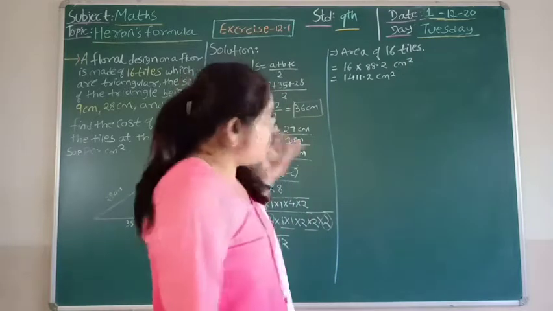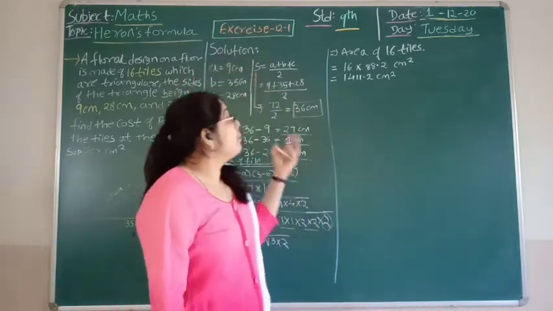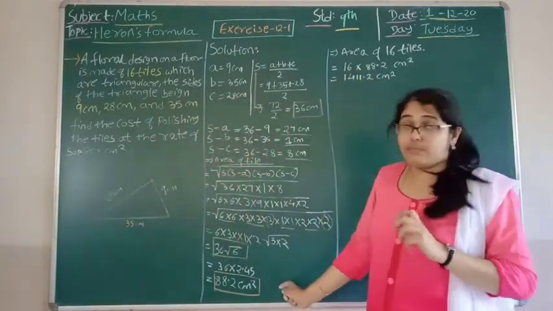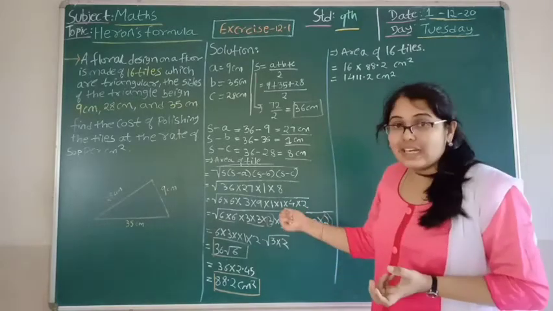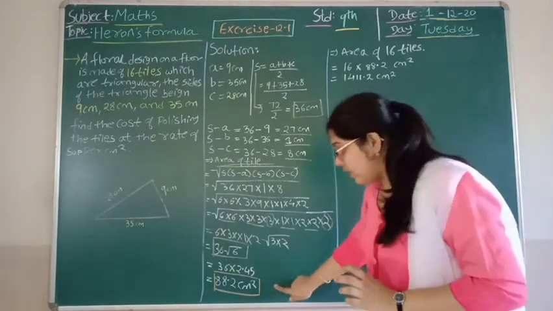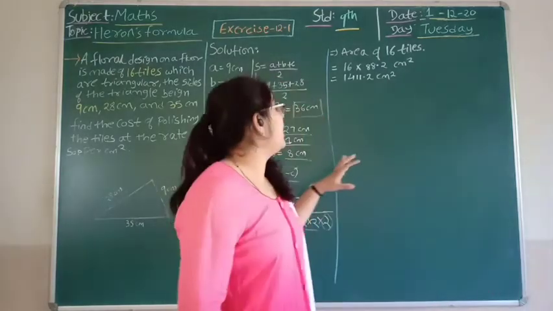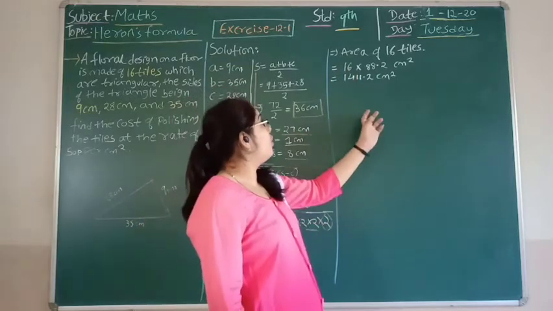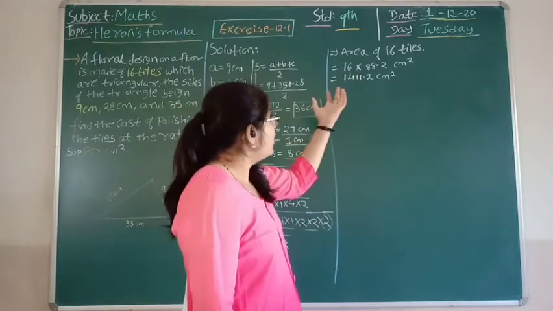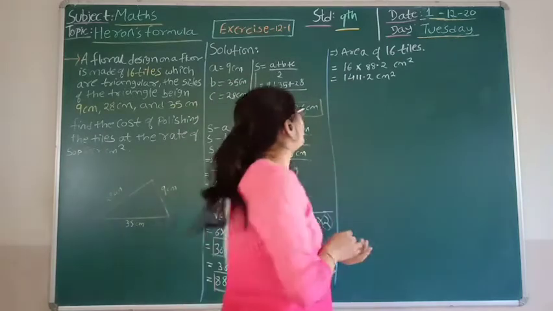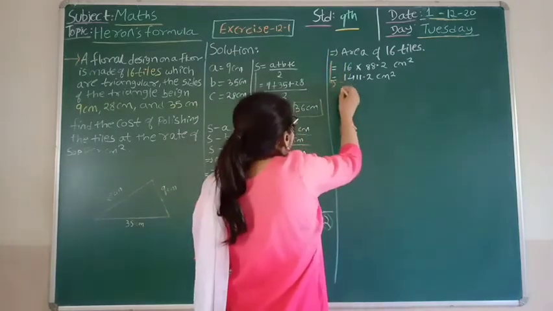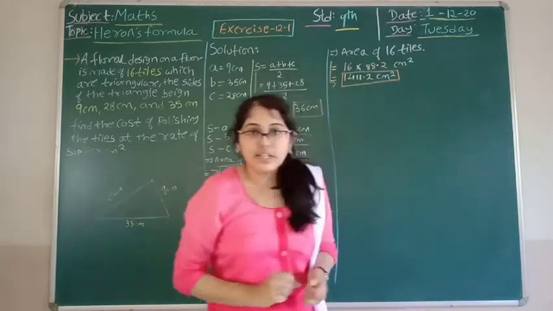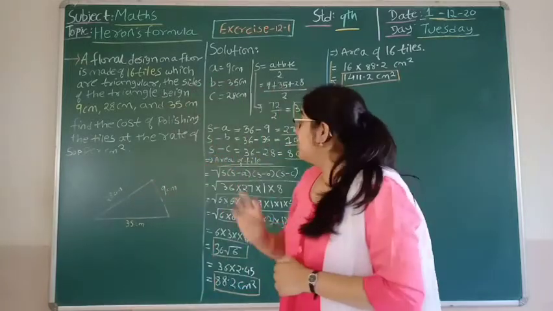So students, I have done it: multiplying 16 by 88.2, that is the area of this single triangular tile, 88.2 centimeter square, and multiplying it by the number of tiles, that is 16, the answer I am getting is 1,411.2 centimeter square. Right? So this I can say is the area of 16 tiles.